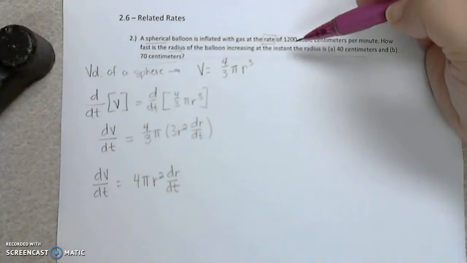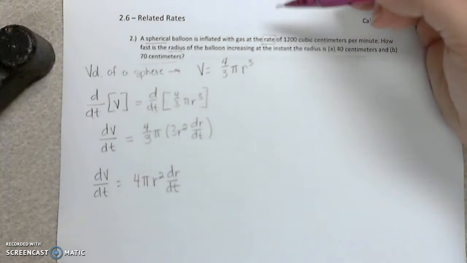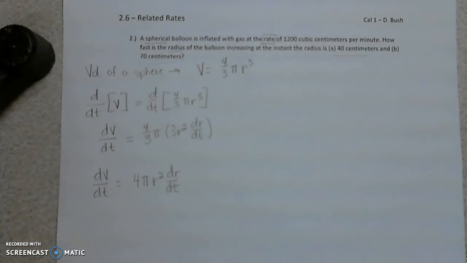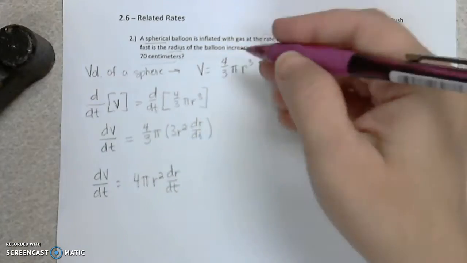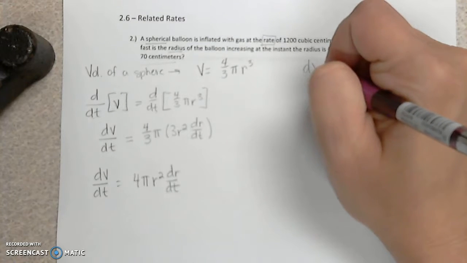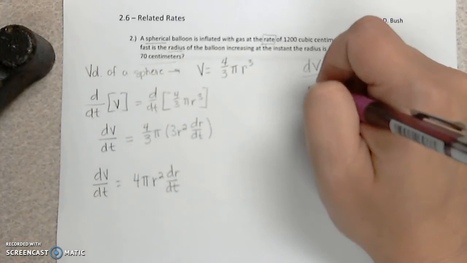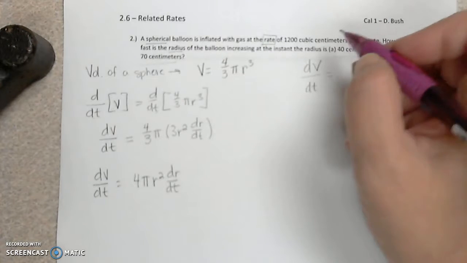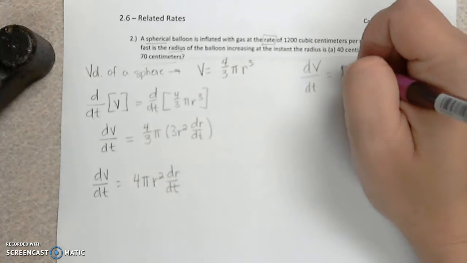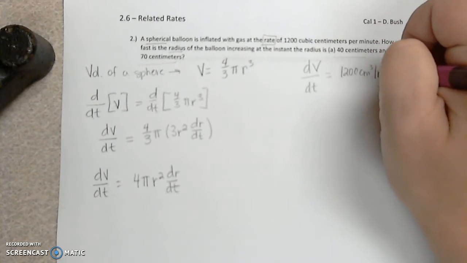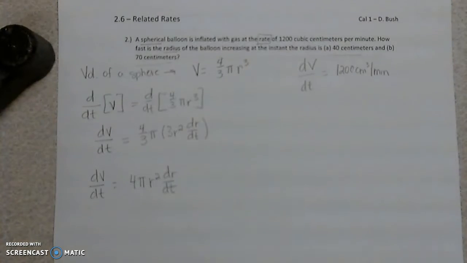The radius of the balloon isn't growing at that rate, but the volume of the balloon is what is changing. So the derivative of v with respect to t, the volume, is changing at a rate of 1200 cubic centimeters per minute. You have to pay special attention to what is actually doing the changing.